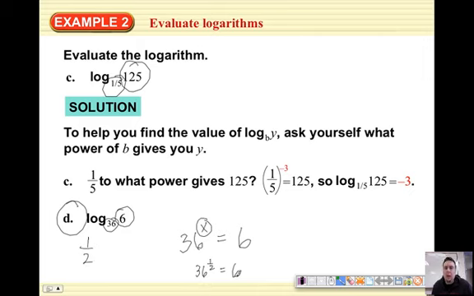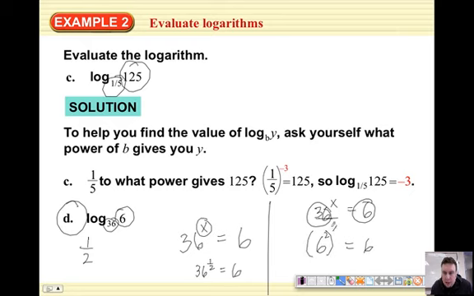What if you couldn't think that way? Do it like I did the last problem up here. Let's make 36 to the x equals 6. I like to make them both the same base. So it's 36 and 6. Let's make them both 6. Well, this one stays the same. 36 is the same as 6 squared, to the power of x.